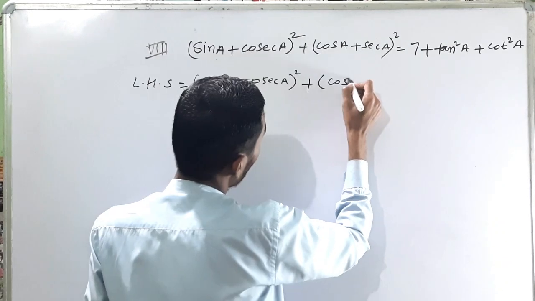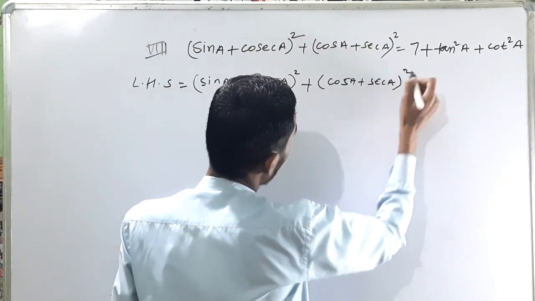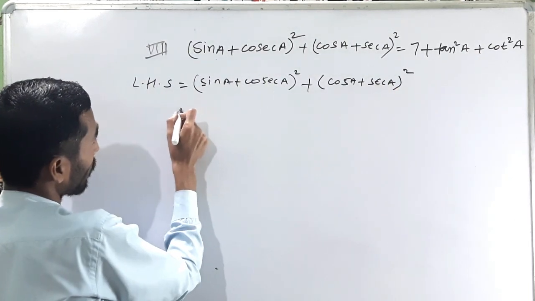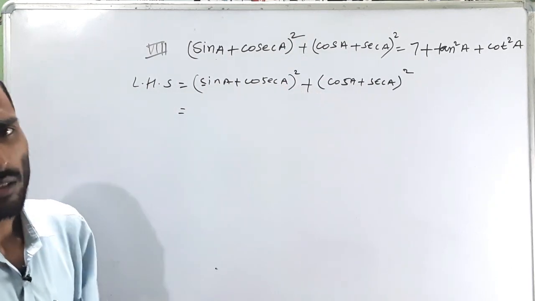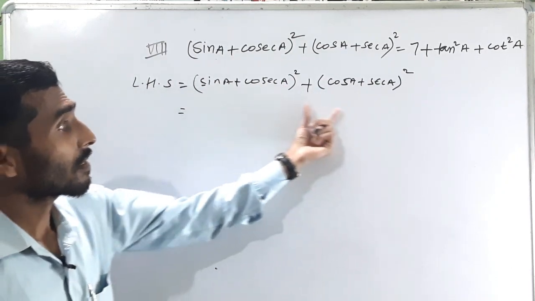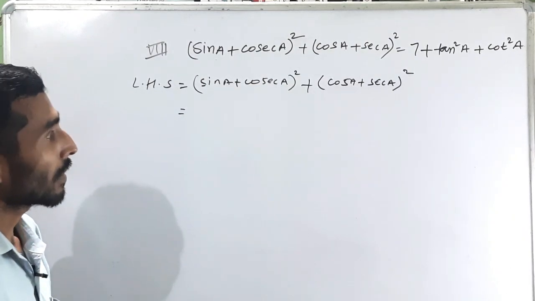Okay, cos a plus sec a. So what can be done? Simply we can square these terms. We will expand these terms, and this is a very easy method. This is a very easy operation.